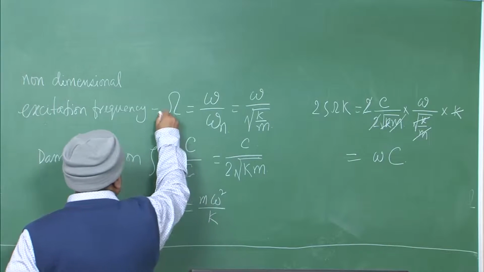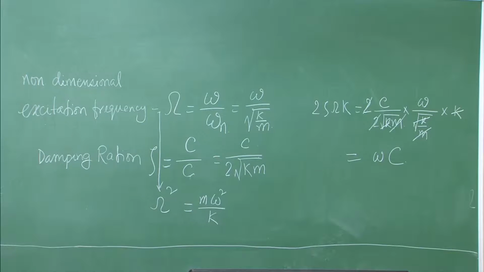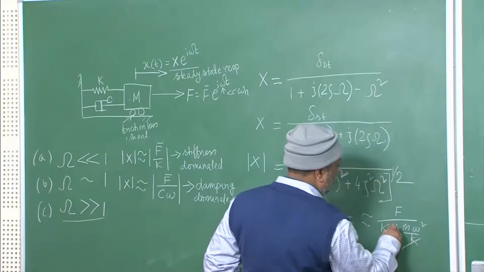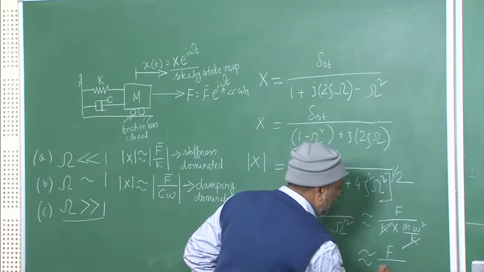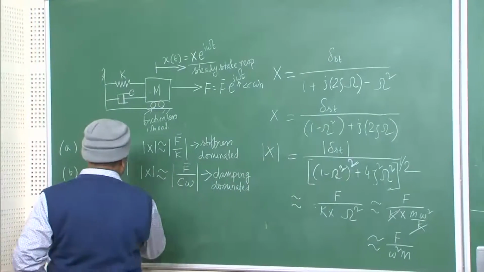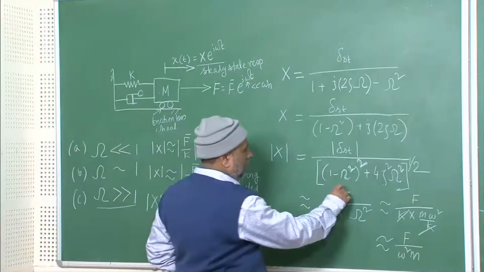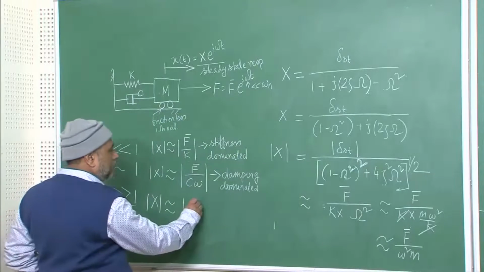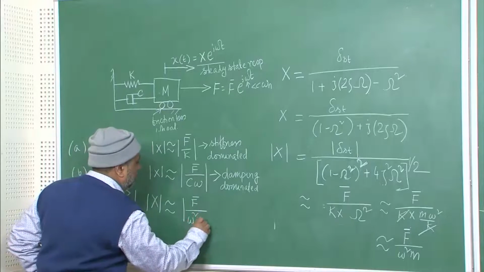We can derive it by looking at this expression itself. So, this can be written as k times m omega square over k, this k and this k cancel. So, the approximate expression is f over omega square m. So, in this case x is approximately f bar over omega square m.